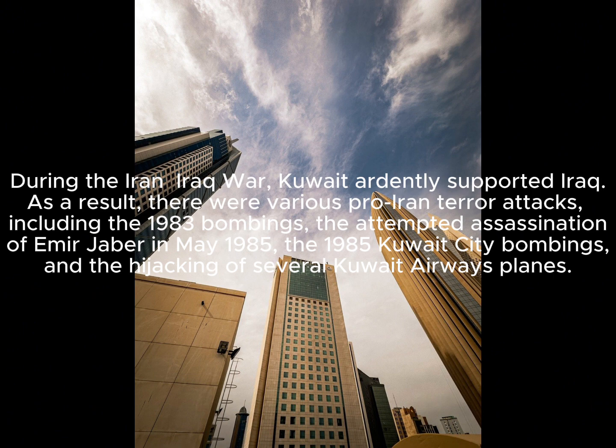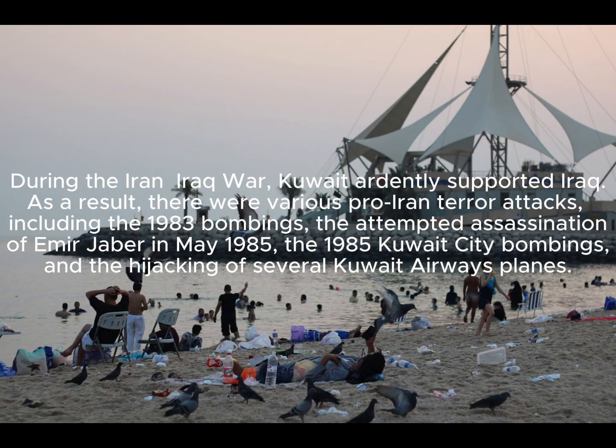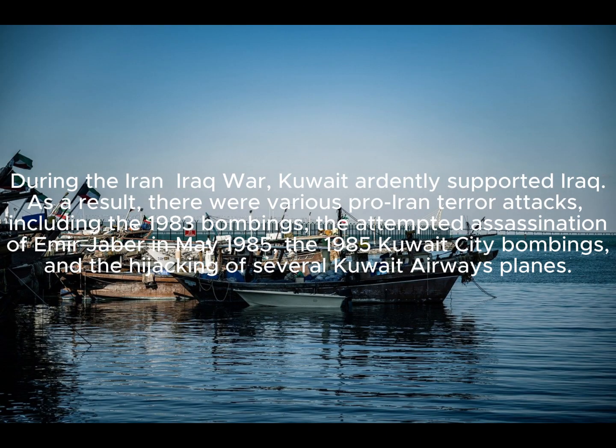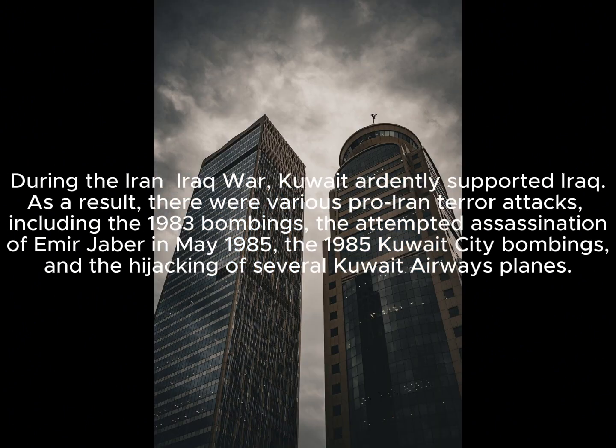During the Iran-Iraq War, Kuwait ardently supported Iraq. As a result, there were various pro-Iran terror attacks, including the 1983 bombings, the attempted assassination of Emir Jaber in May 1985, the 1985 Kuwait City bombings, and the hijacking of several Kuwait Airways planes.